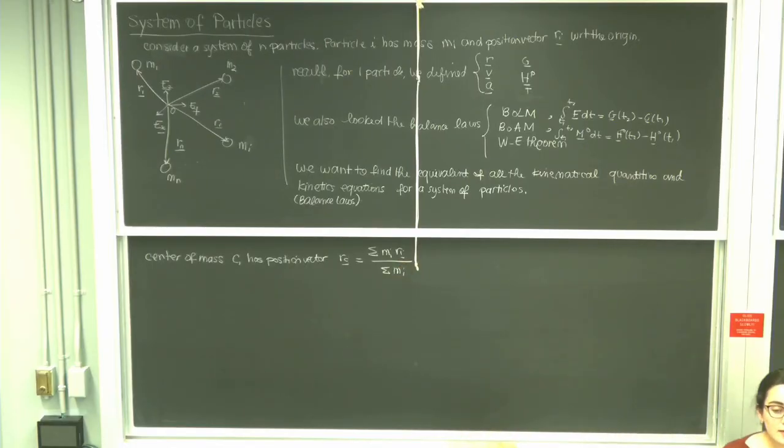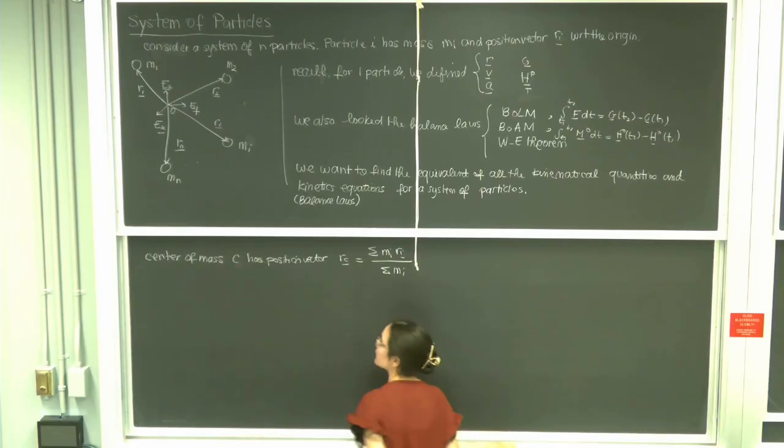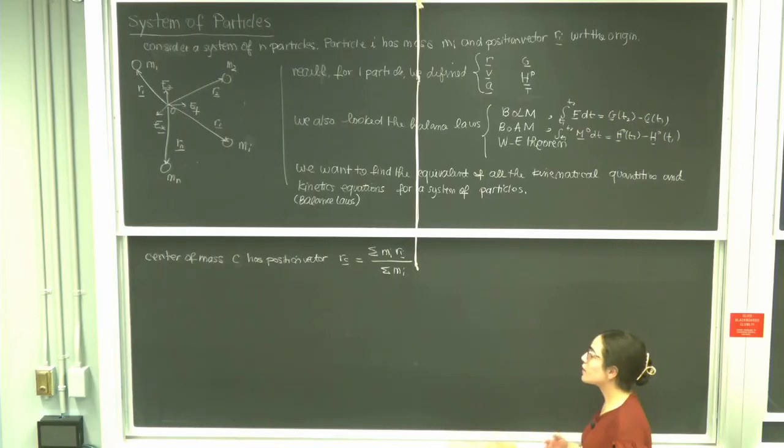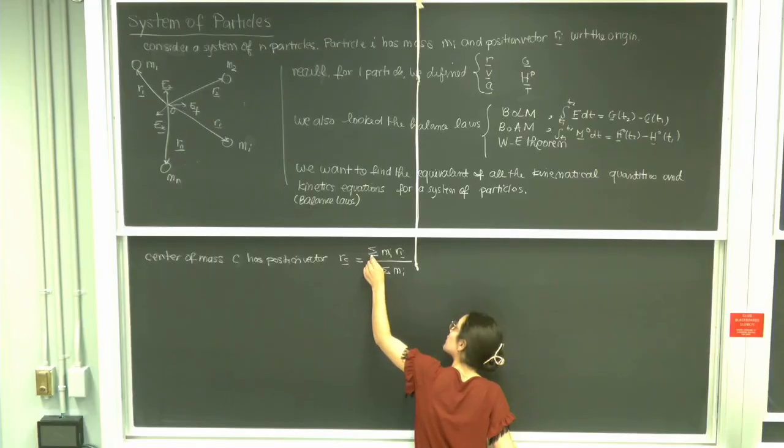Each particle has its individual position vector, and we can define some point C, which we call the center of mass of the system of particles, and that's how C is defined. We're going to see why we define C this way.